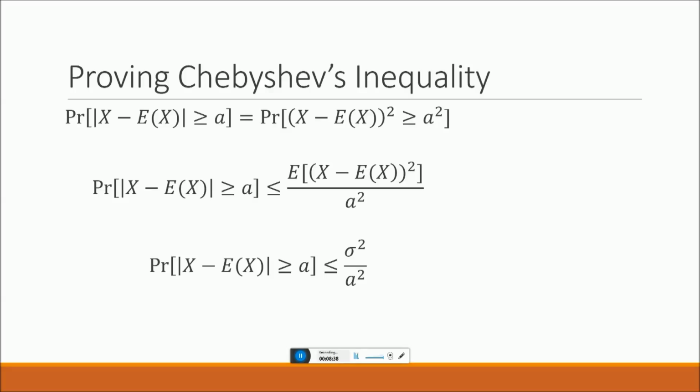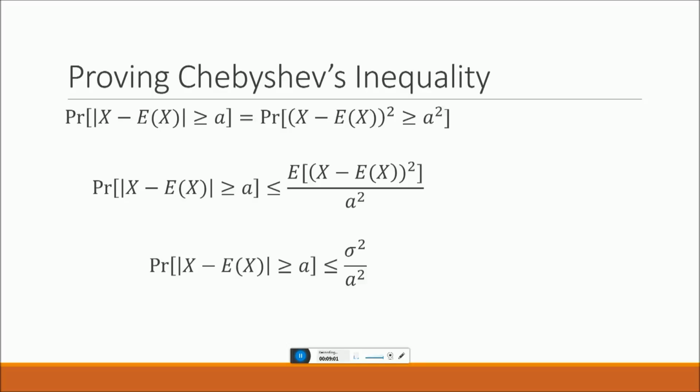If we take the left-hand side of Markov's inequality, the probability that X is greater than or equal to a, and instead we substitute in the absolute value of X minus E[X] as X, we have this first equation, and if we just square the inequality on both sides, it's the same probability. So that's our setup.